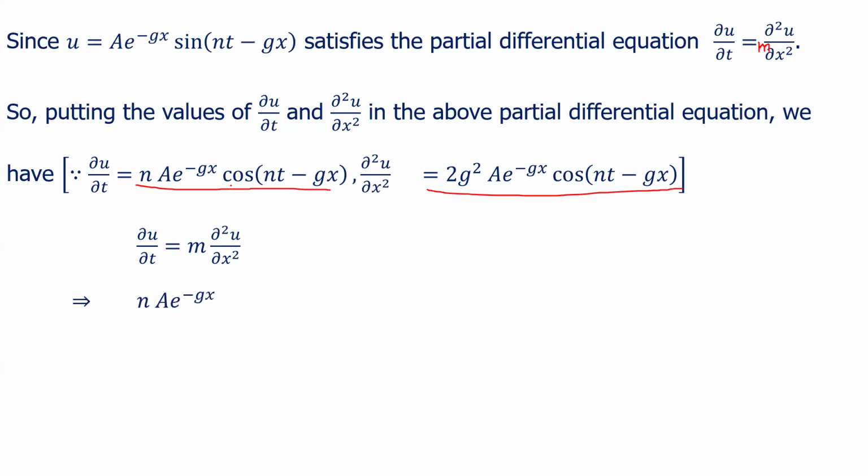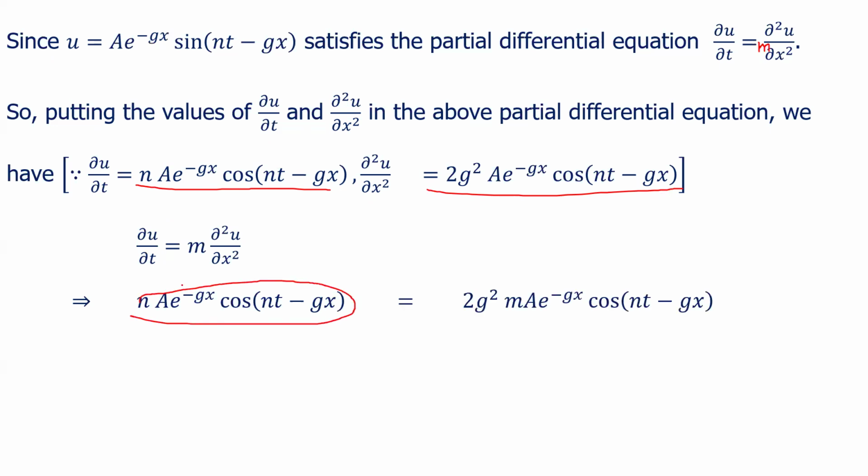Del u del t is n times a e to the power minus gx cos(nt minus gx), and m del 2u del x square is m times 2g square a e to the power minus gx cos(nt minus gx).